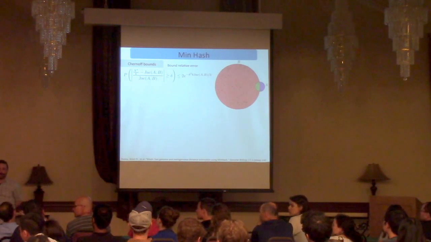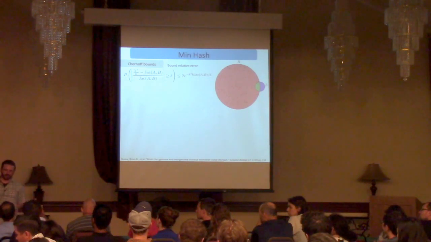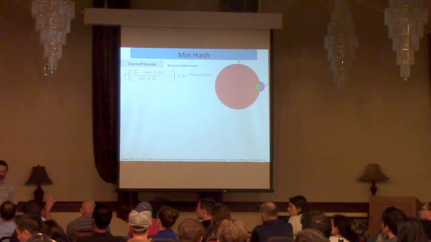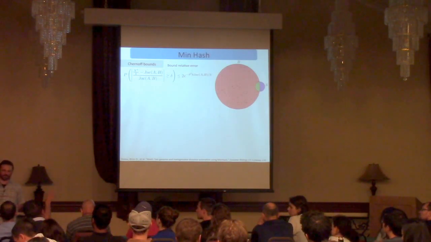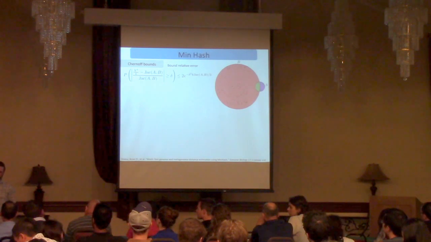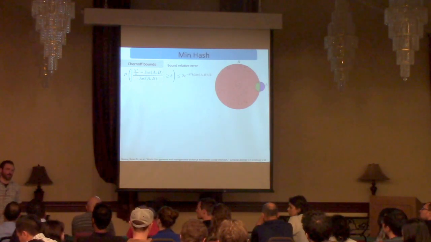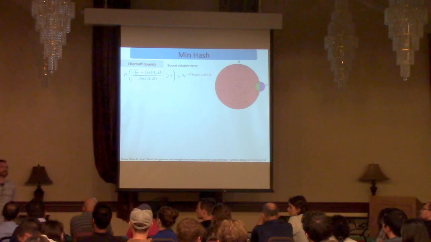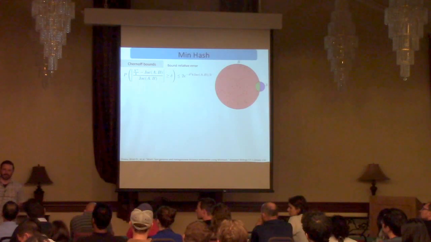An alternative approach, which would probably be the first thing I would try, is just to have a hash table for all the 30K genomes. Then randomly sample from your new sample and see if it's in the hash table. Why would that work? A hash table for all 30,000?